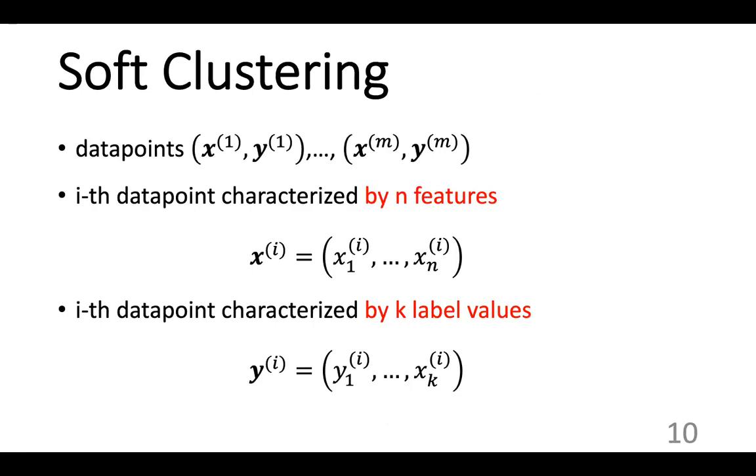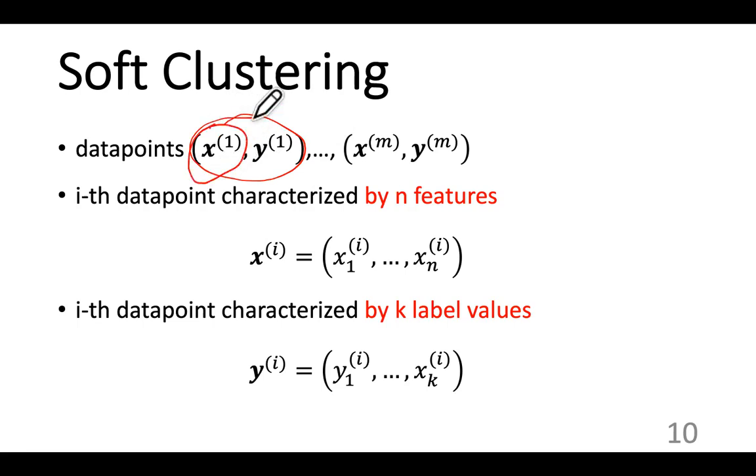So let me formalize this setup. Again, we have a bunch of data points. So a data set is a bunch of data points. In our case, each data point here corresponds to one patch, image patch, a small subset of the image. And each patch is characterized by a feature vector.